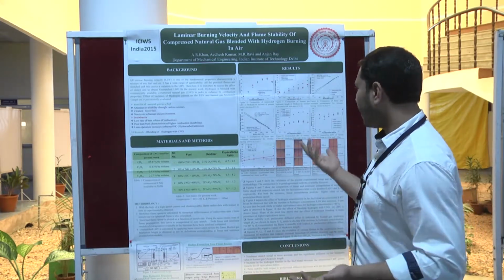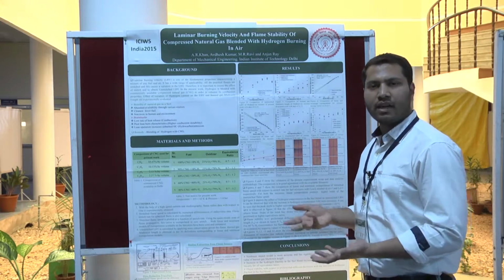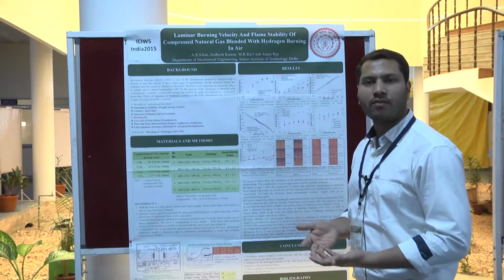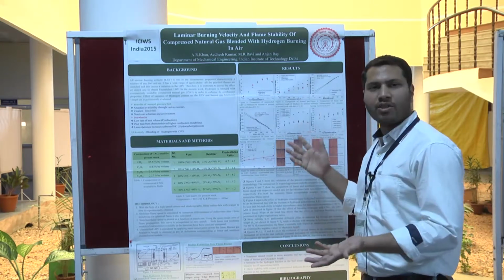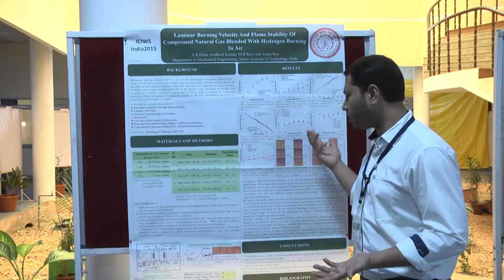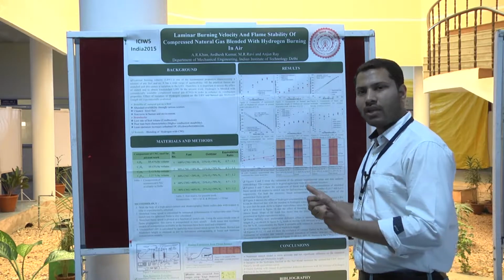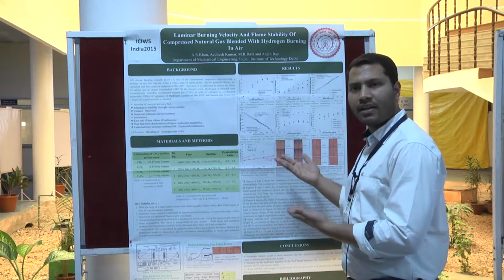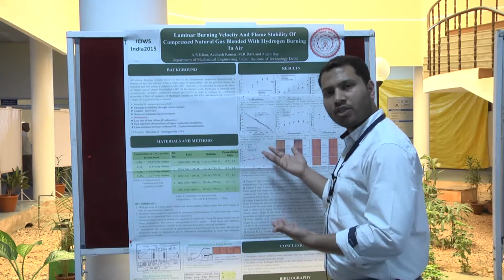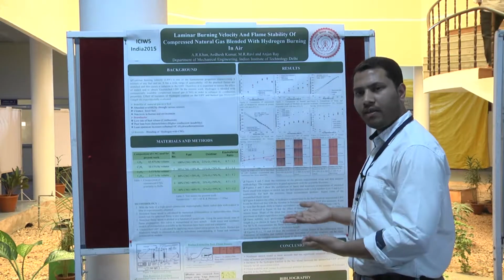At the end I can say that as I increased the blending percentage of hydrogen, the laminar burning velocity increased and the peak shifted towards a higher laminar burning velocity. We have seen that the effect of blending is higher in rich mixtures compared to lean mixtures.